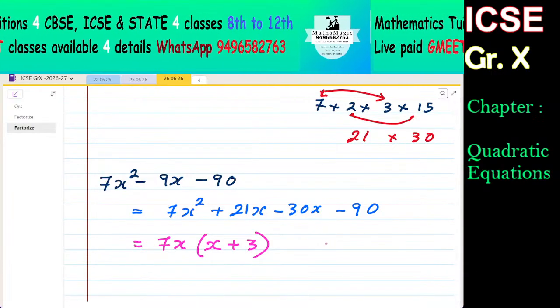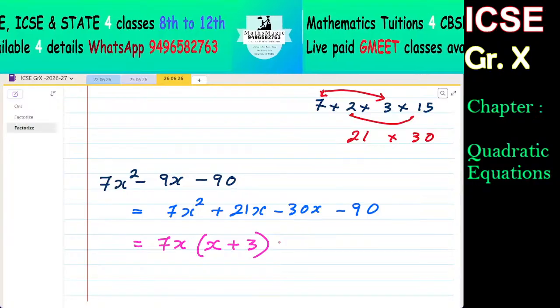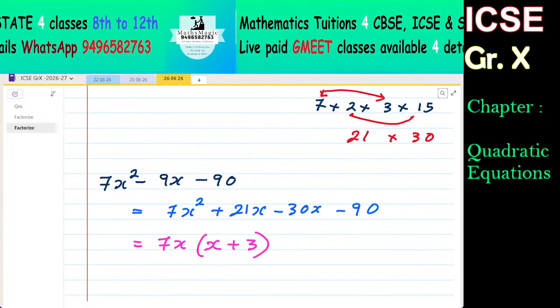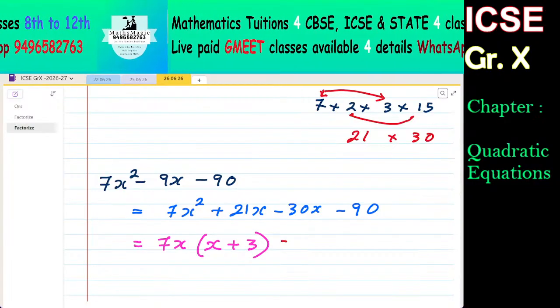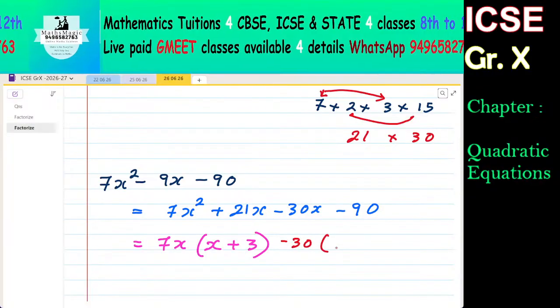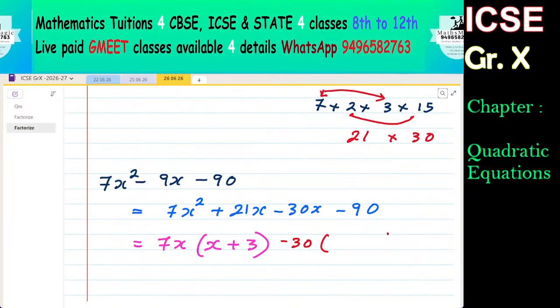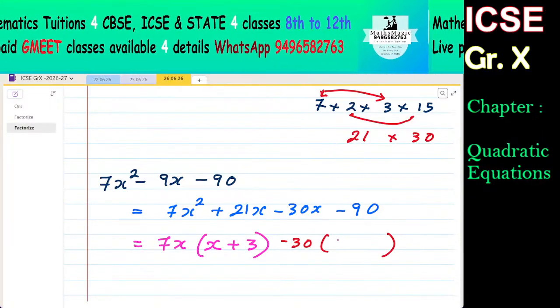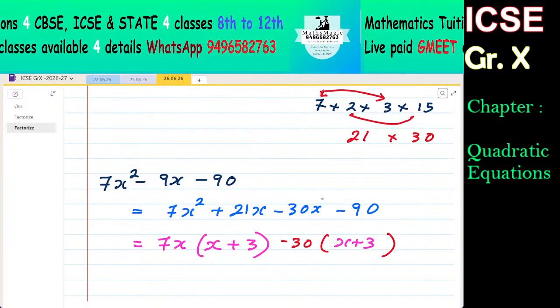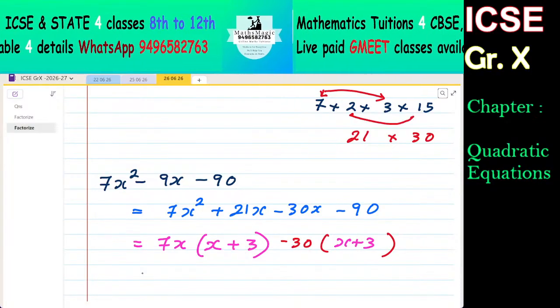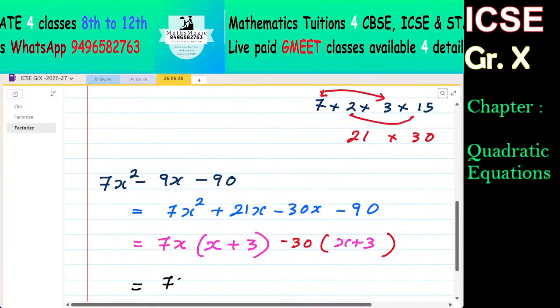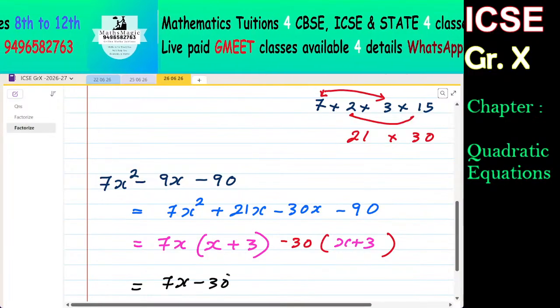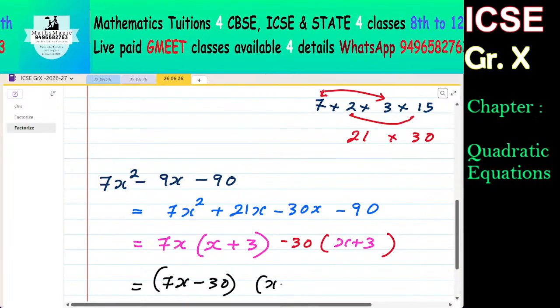So we need to take minus 30 outside. So we'll get the same x plus 3 inside. Now we have the factors as 7x minus 30 times x plus 3.